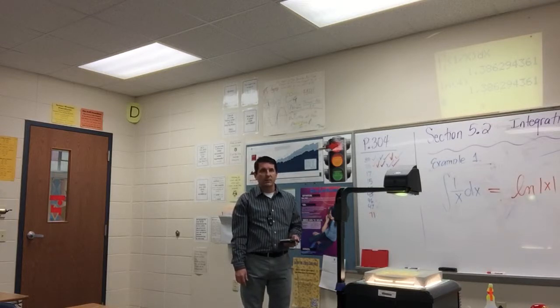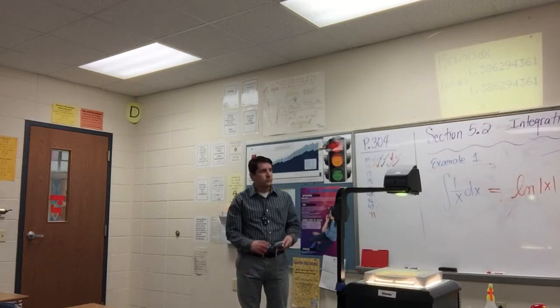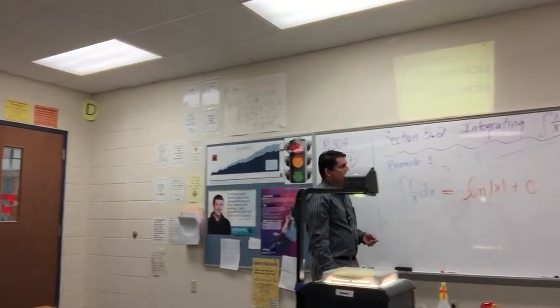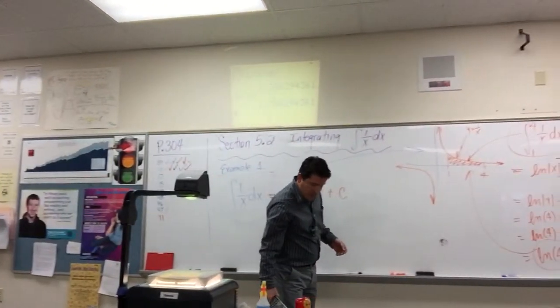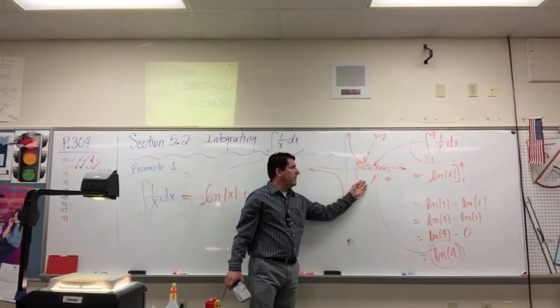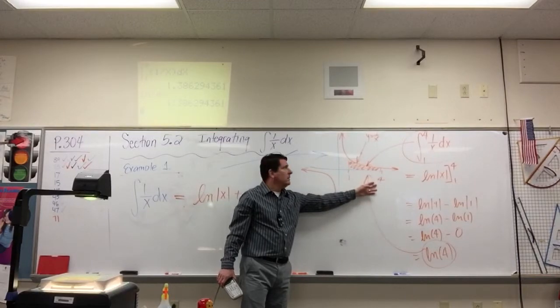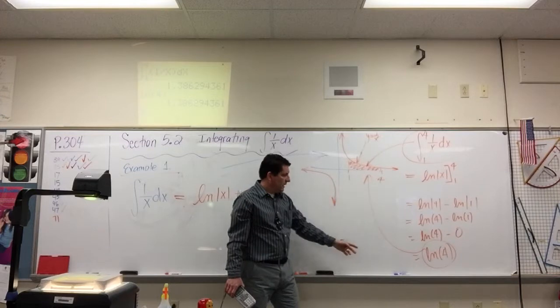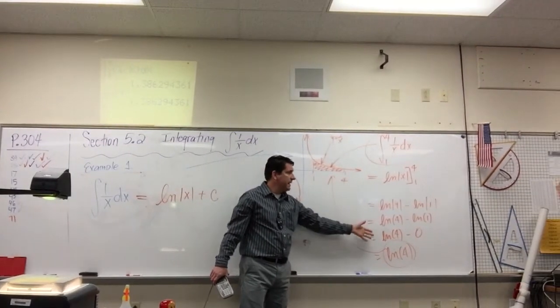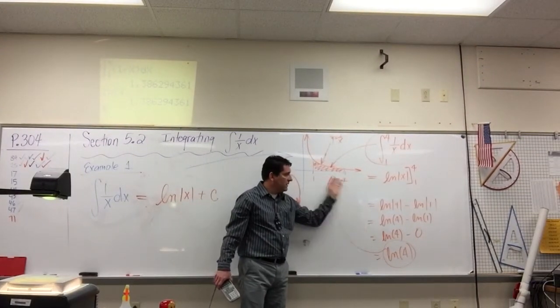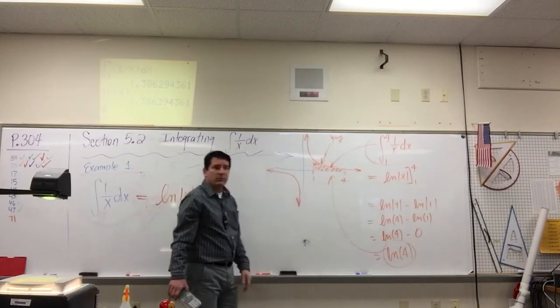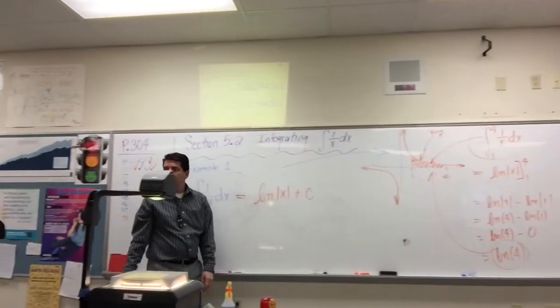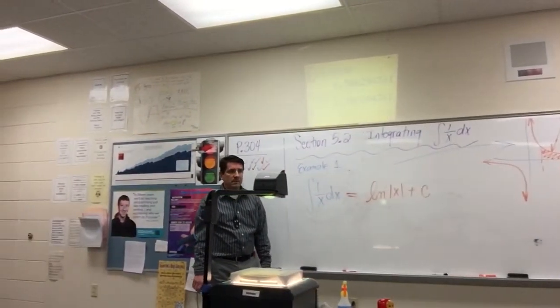So we can start anywhere and end anywhere. Find the area under the 1 over x function. And we get an answer, whatever our answer is, it's going to be a subtraction of the two natural logs. Make sense?